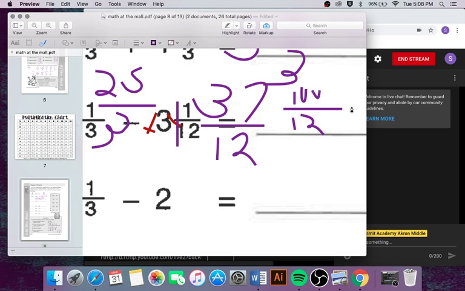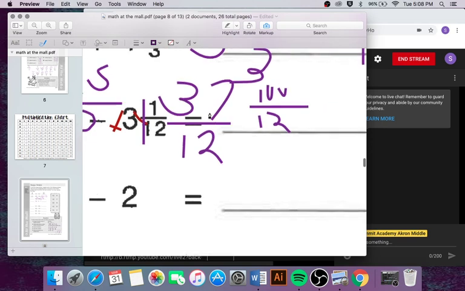Okay. 100 over 12 minus 37 over 12. So we're going to subtract the numerators, which will give us 100 minus 37, which is going to be 63 over 12.